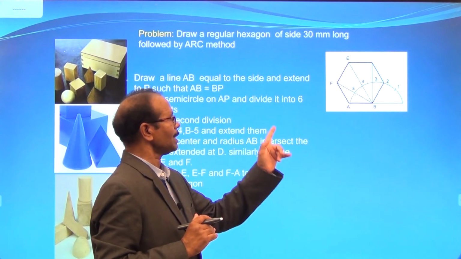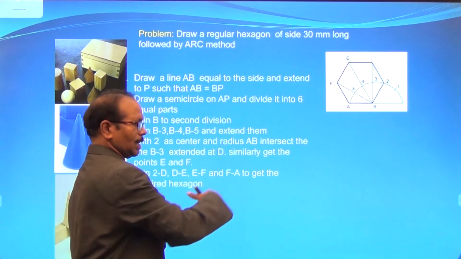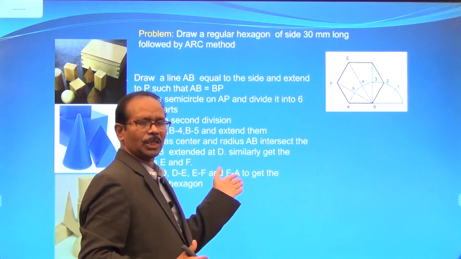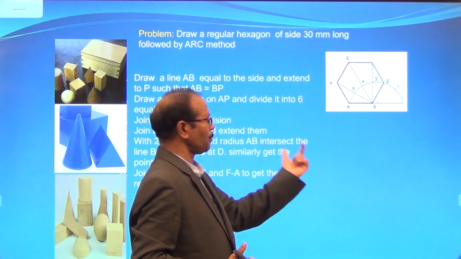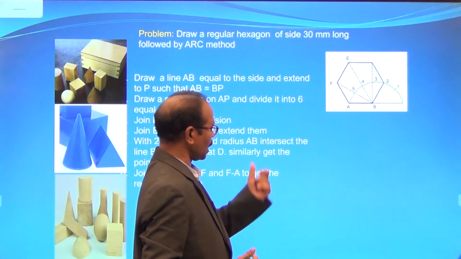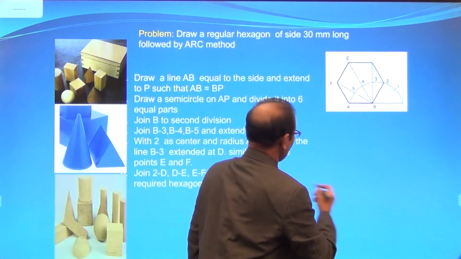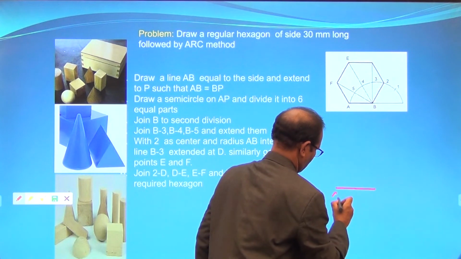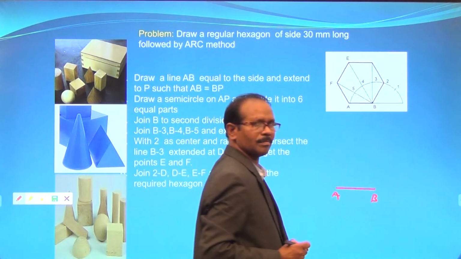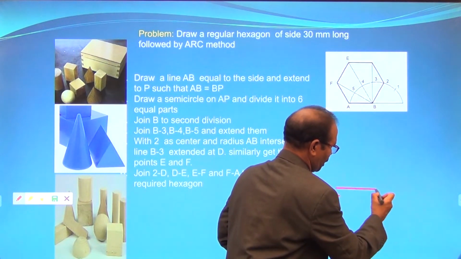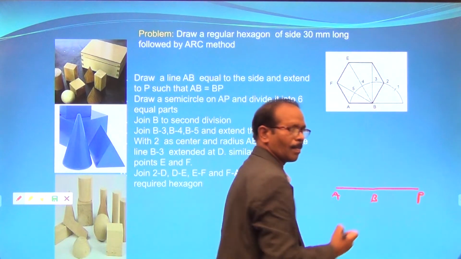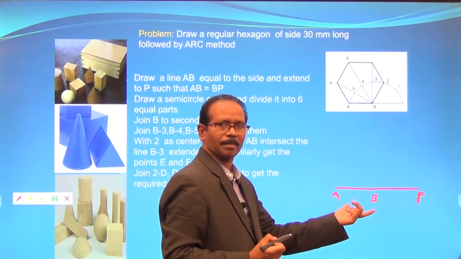Just I am going to practice hexagon. Once you read the steps, it is easy to draw this one. So, a faster way to construct this polygon by adopting the arc method. Let us observe. Draw AB line. Extend B to P, equal to AB.